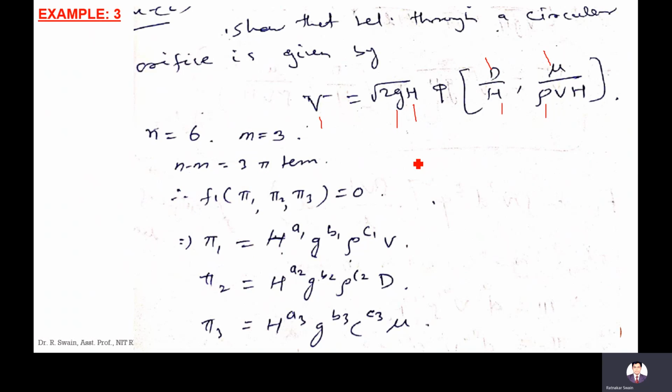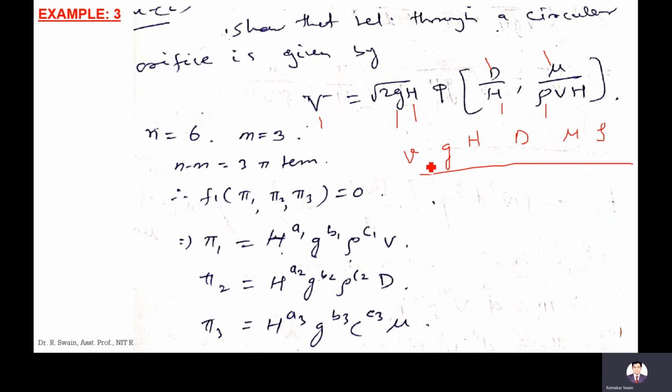Yes, g is also taken as a variable, the acceleration. Total 6 variables, so n is 6 and m is 3.